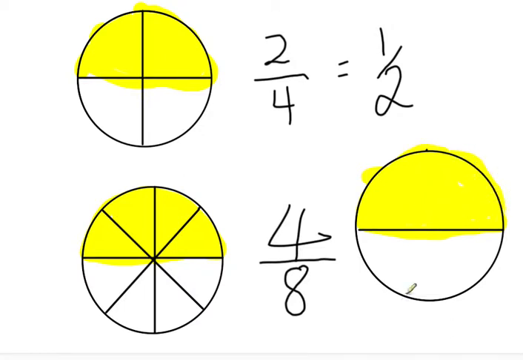There are 2. 1, 2. How many pieces are shaded? 1. So this is where I have 1/2. So you can see 1/2, 4/8, and 2/4 are all equivalent fractions. They take up the same top part of my circle. Each piece is a different size, but overall they take up the same amount of space on the circle.